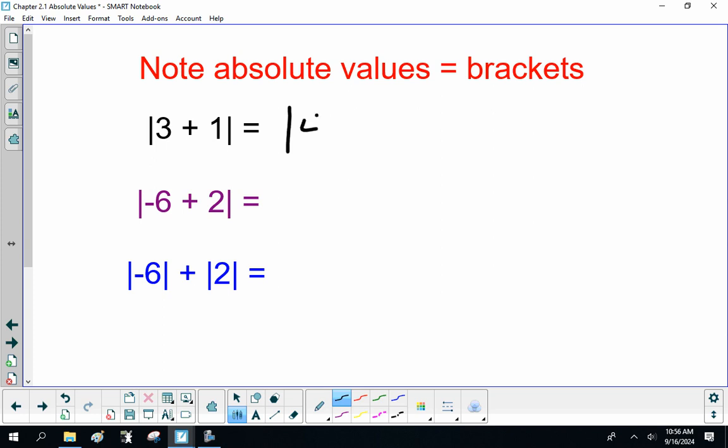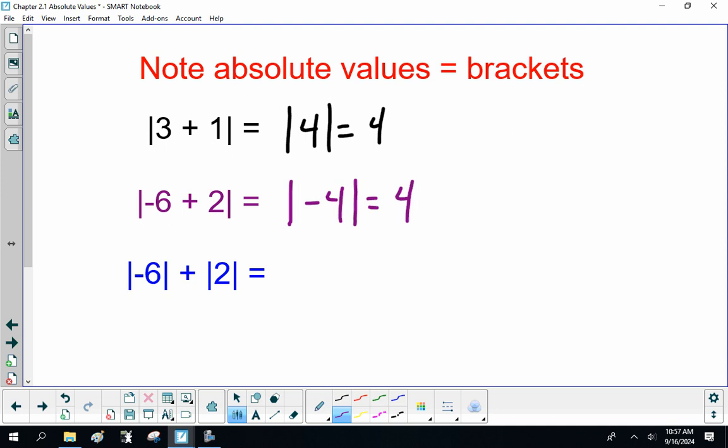Well, that's the absolute value of 4, which is 4. Okay. Now, the next one, the absolute value of minus 6 plus 2, that's the absolute value of minus 4, which is 4. Okay? Remember what I said, be careful about the absolute value signs. They can look like 1s.